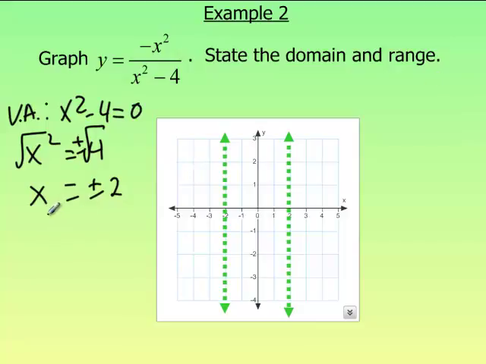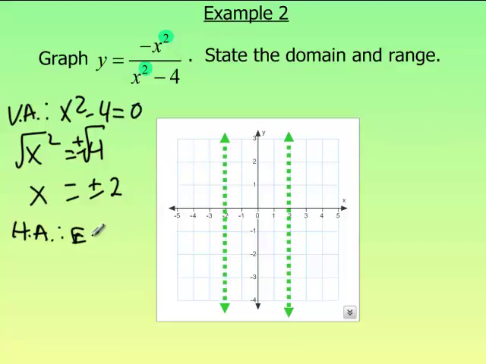Okay, let me move on to the horizontal asymptote. Let's do this on the side. Okay, so I look at what we have, and it looks like it's equal. It's the same. So that's the EATS. Exponents are the same, and so that's DC, divide our coefficients.